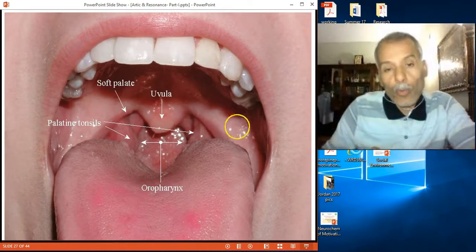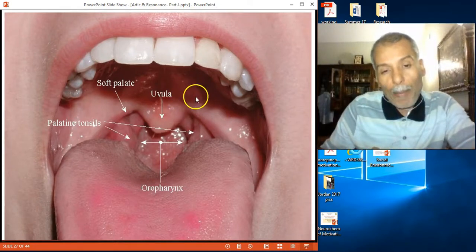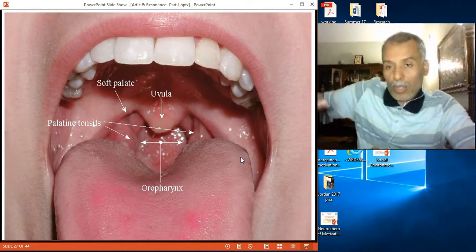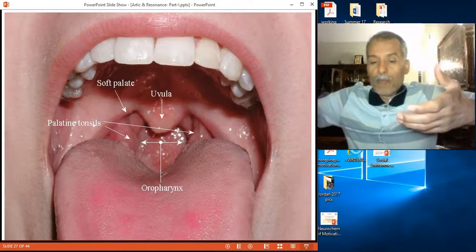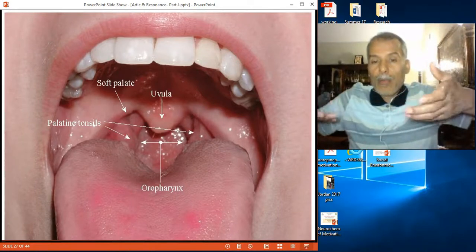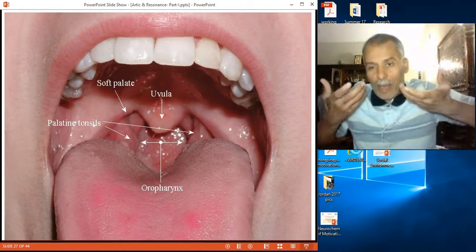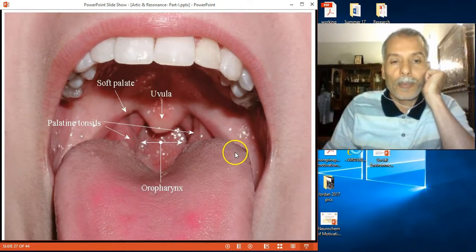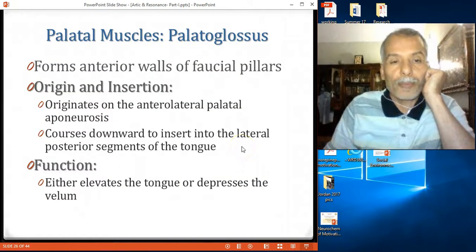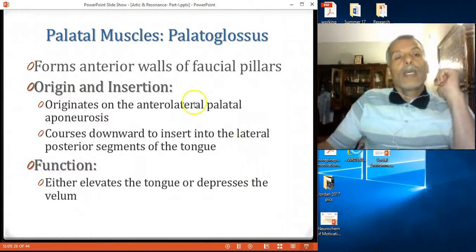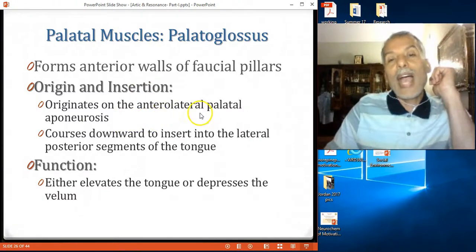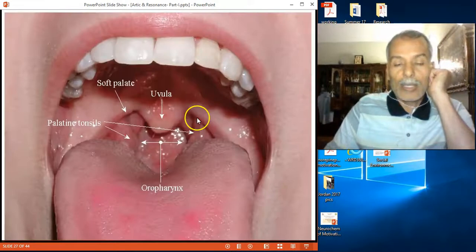That is called the palatoglossus. It is coming from the palate, going down and connecting to the base of the tongue, the back and the base of the tongue. So it's called palatoglossus. Glossus means tongue. It originates from the anterolateral palatal aponeurosis.